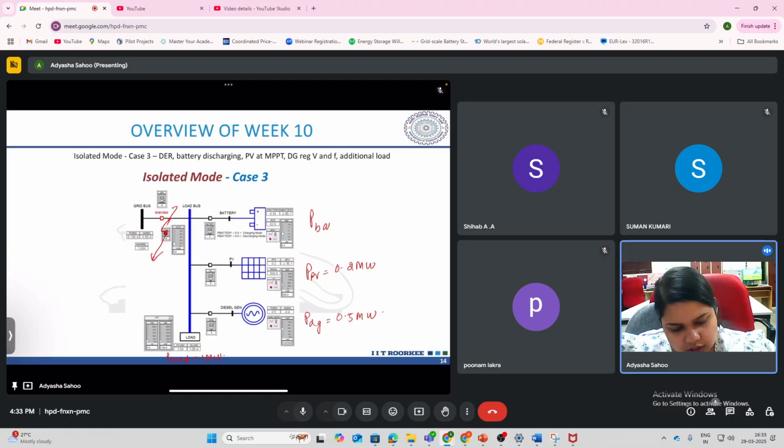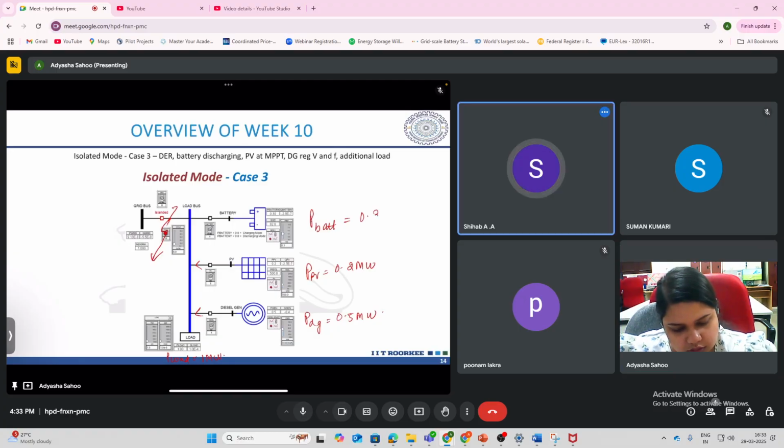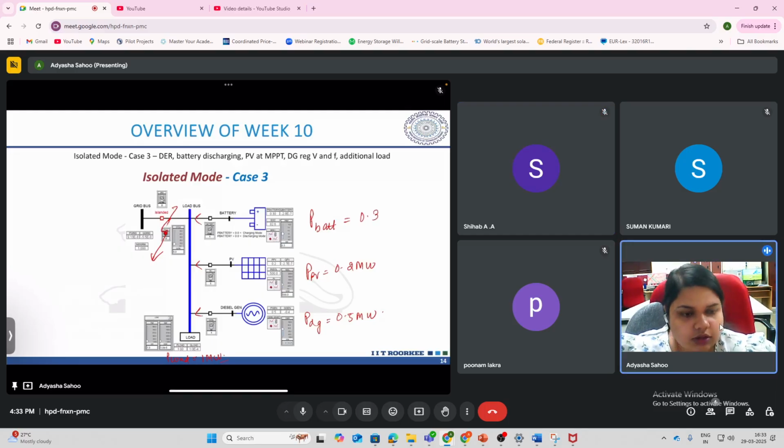So what is P battery? Yes, because when the load increases by 0.5 megawatt, all the three resources, that is battery, PV, and DG, are providing power to the load.